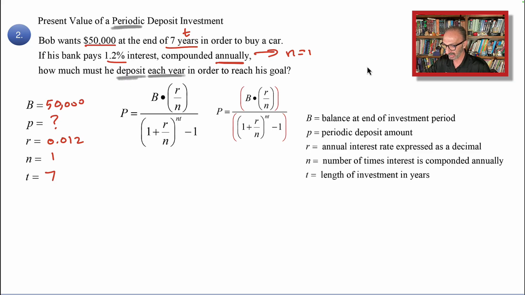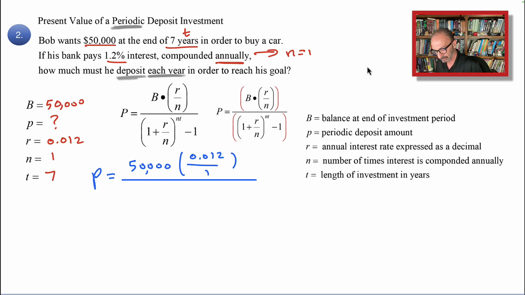To do this right here, we have P equals 50,000, one more zero, that's for the balance B, multiplied by 0.012 divided by 1, because n is 1, all over 1 plus r, which is 0.012 over n, which is 1, raised to the power nt, 1 times 7, and after we finish, we subtract 1.